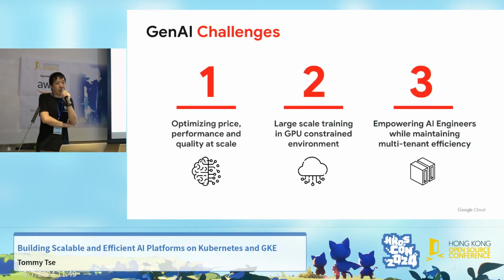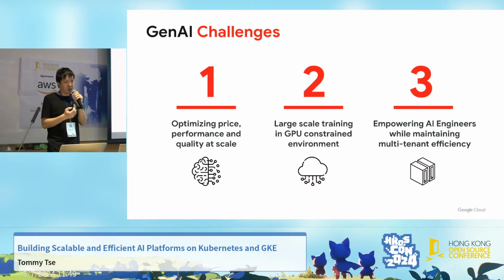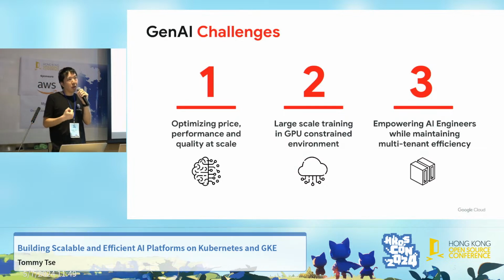There are many different challenges when it comes to working with large models. First of all, you want to optimize price and performance without compromising quality, and run that at scale. Large-scale training with GPUs has been a problem since last year, with limited supply in terms of capacity.